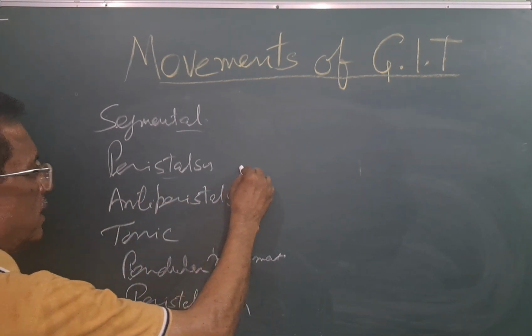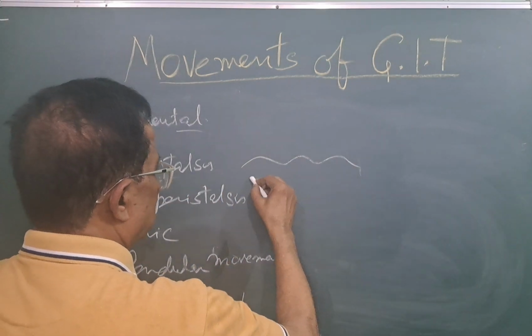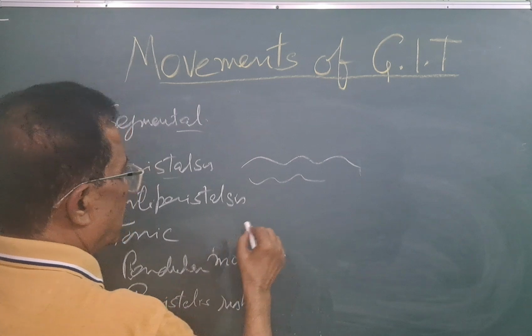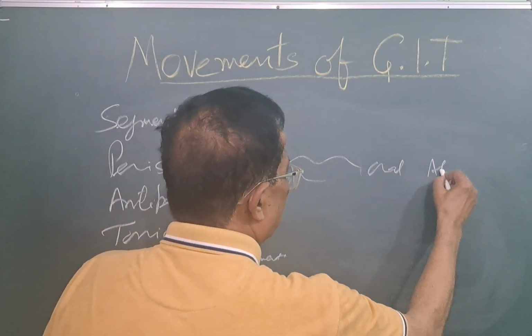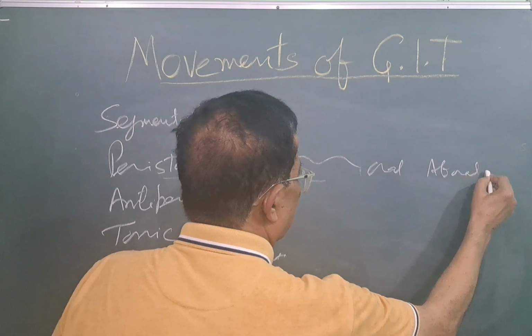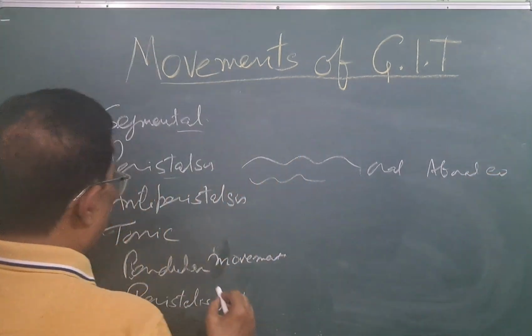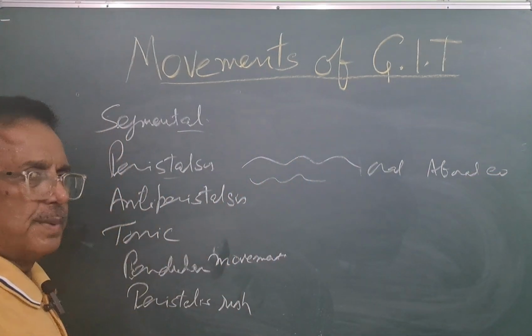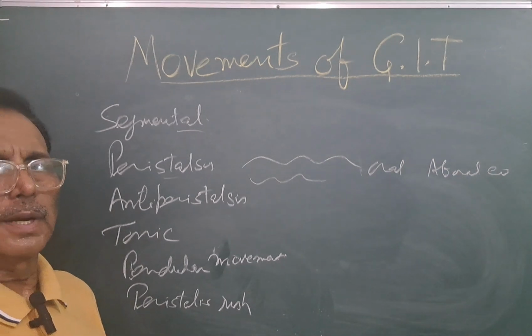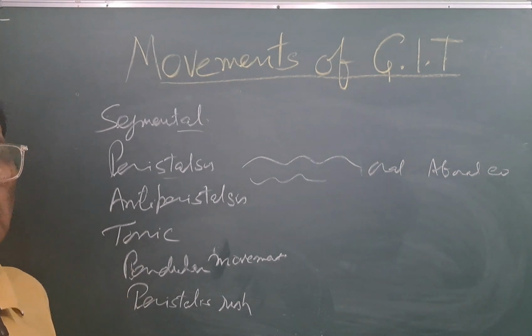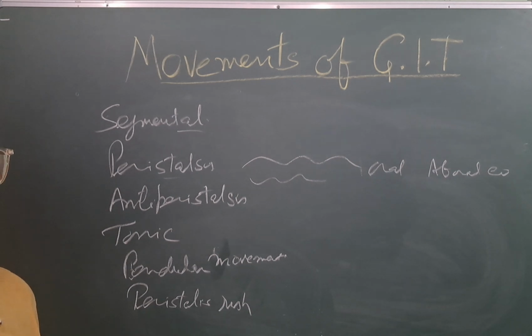Peristalsis is from the oral to the aboral end. Antiperistalsis occurs normally at two places: first at the upper part of the duodenum and second at the last part of the small intestine, that is the terminal ileum.